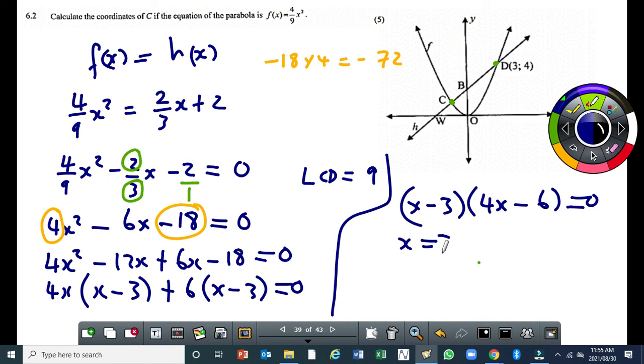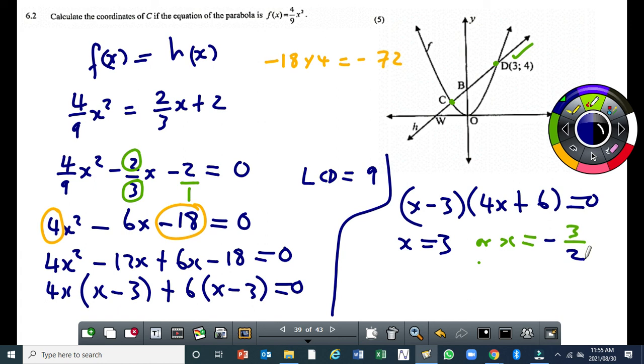So x will be 3, which is this one here at D, right? Or x will be equal to negative 3 over 2. So at C, x is negative 3 over 2, but we also need to know the y value.